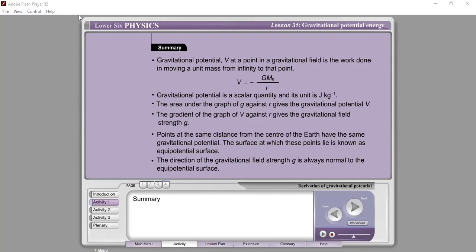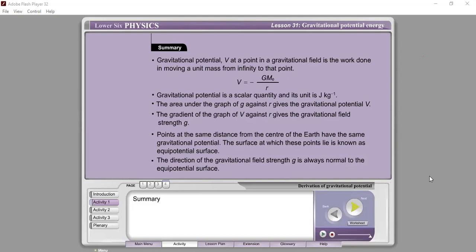The area under the graph of G against R gives the gravitational potential V. The gradient of the graph of V against R gives the gravitational field strength G. Points at the same distance from the center of the Earth have the same gravitational potential. The surface at which these points lie is known as the equipotential surface. The direction of the gravitational field strength G is always normal to the equipotential surface.